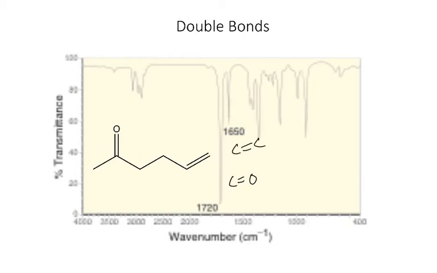Now, if there are H's attached to either one of these carbons, then I would expect a peak slightly higher than 3,000 wave numbers, which I see, right? So these are my CH stretches from the sp3 hybridized carbons, and this is the CH stretches coming from that alkene. So oftentimes, recognizing alkenes is noting both the double bond stretch and then the sp2 hybridized carbon-hydrogen stretch that comes out a little bit above 3,000 wave numbers.